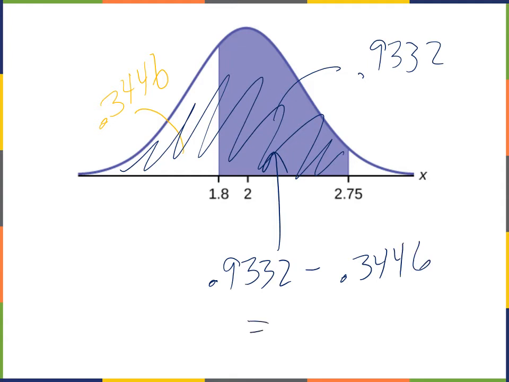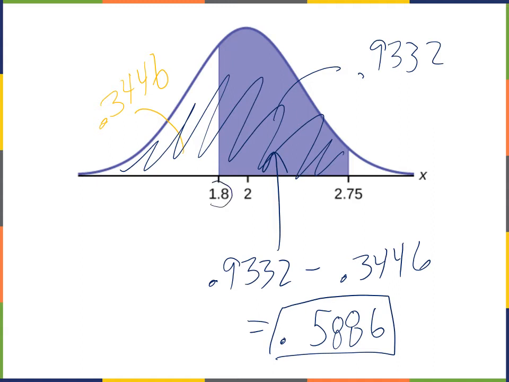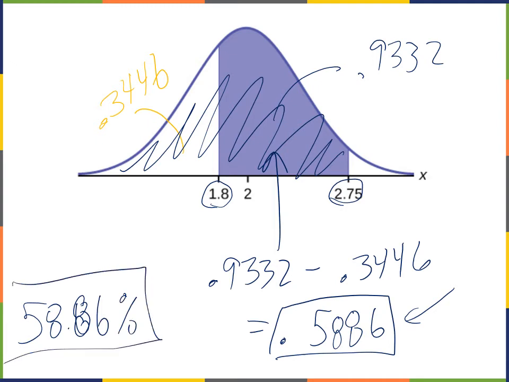And the answer becomes 0.5886. So we could say the probability that that personal computer is used between 1.8 and 2.7 hours would be 0.5886, or we could say 58.86% chance that the computer is used between 1.8 and 2.7 hours.